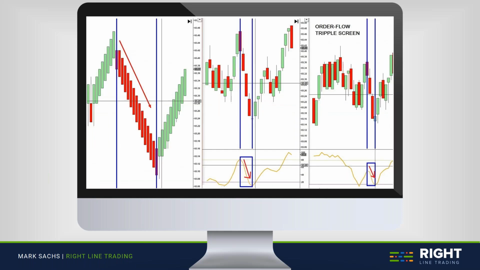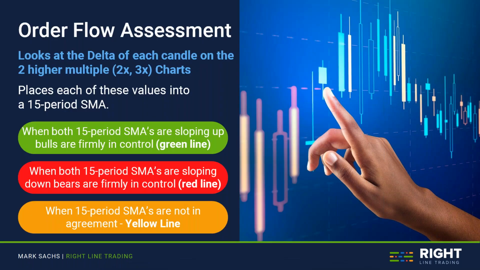All right, so what do we mean by triple screen assessment of order flow? Well, we must have order flow on both higher time frames and the trading chart. So they have to all be going in the same direction. I like to call it a 3 time frame buy or a 3 time frame sell. It's just easier to understand, right?